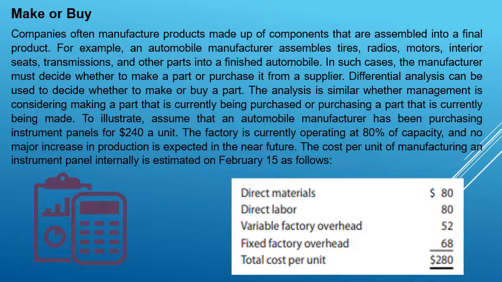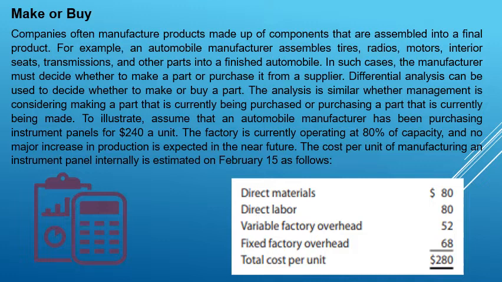In such cases, the manufacturer must decide whether to make a part or purchase it from a supplier. Differential analysis can be used to decide whether they will make it or just buy it. The analysis is similar whether management is considering making a part that is currently being purchased or purchasing a part that is currently being made.